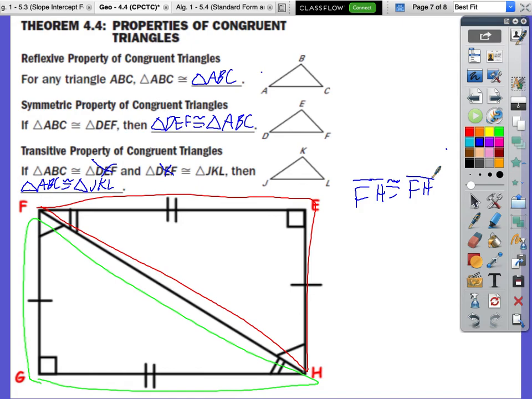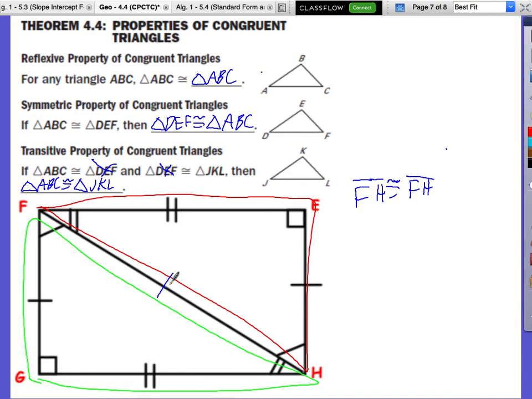So we'll put 3 tick marks here and say, hey, this is congruent to itself. Something's congruent to itself. So, in fact, triangle FEH is congruent to triangle HGF. Didn't we use the transitive property? No, we use the reflexive property, because we're saying that FH was congruent to itself.